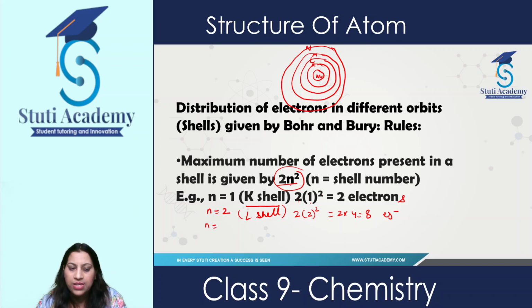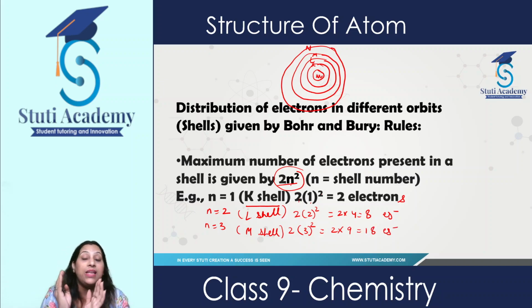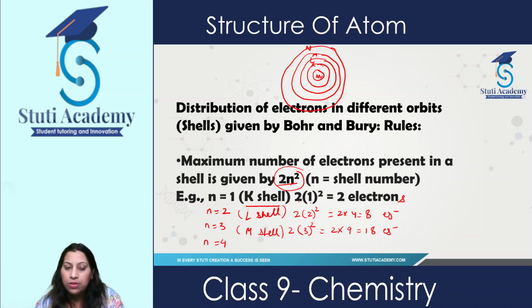Then n is equal to 3. It is M shell. So I will write 3 in place of n here, and then if you solve it, it accommodates 18 electrons. So it means in M shell, 18 electrons can come, and n is equal to 4.